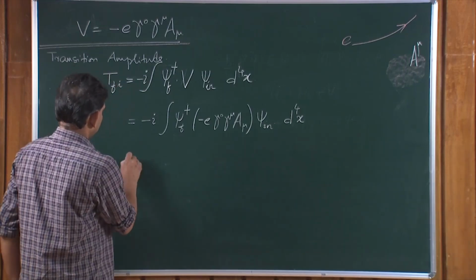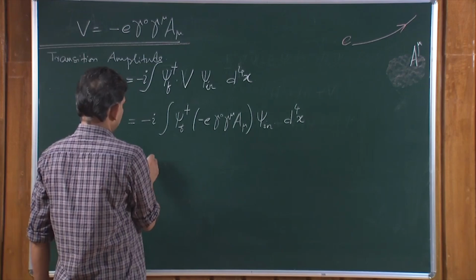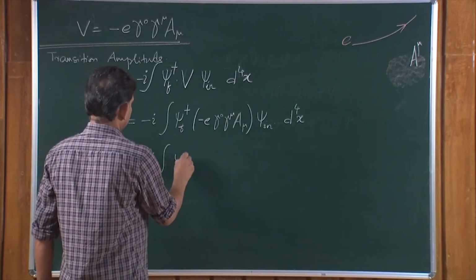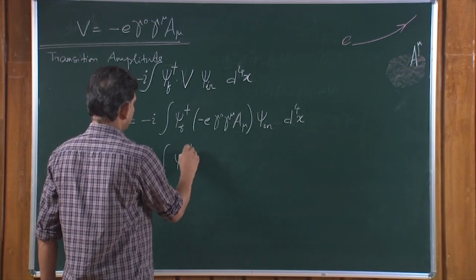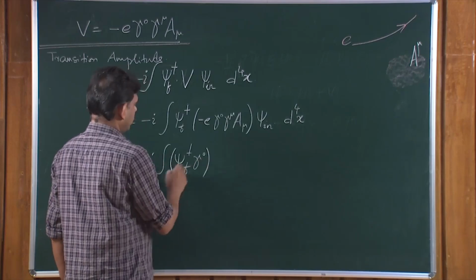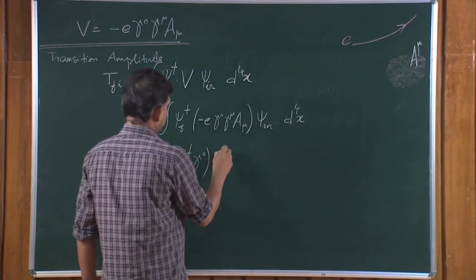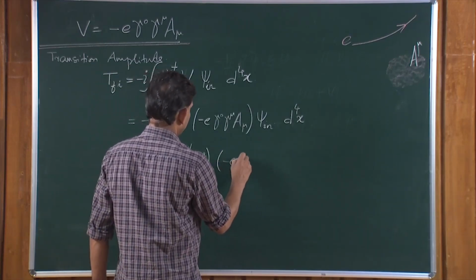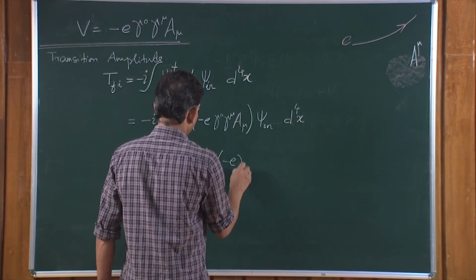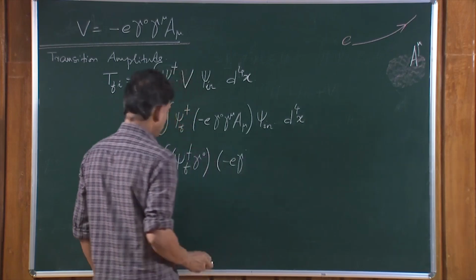This can be written now as minus I integral psi f dagger, I will take this gamma 0 along with this, and the rest of it is minus E gamma mu.